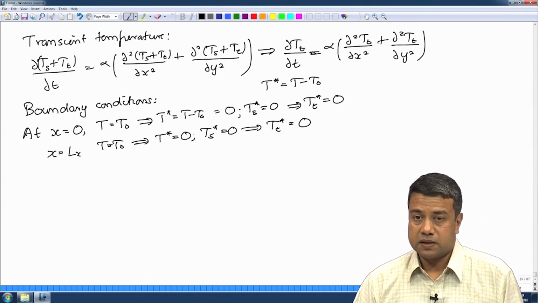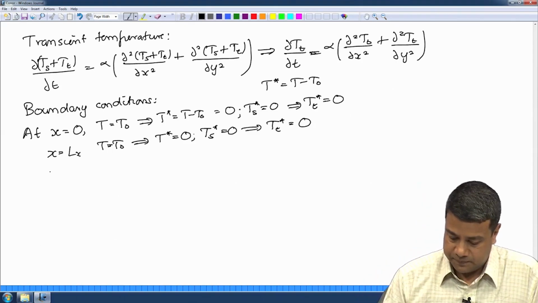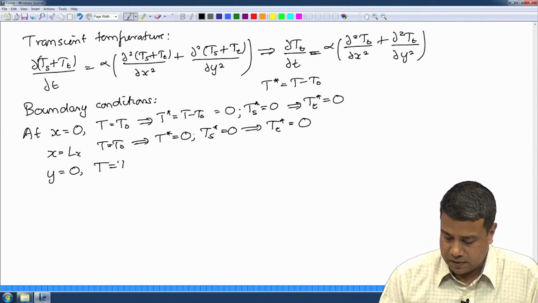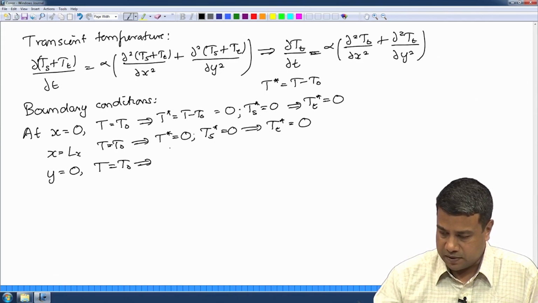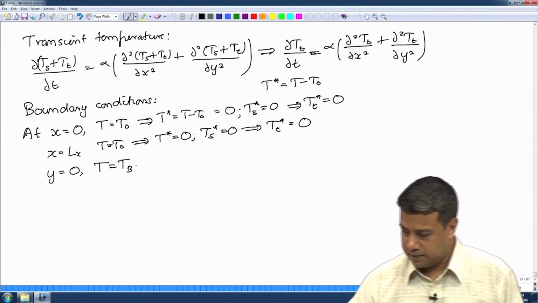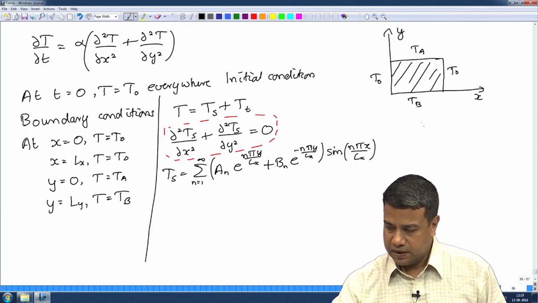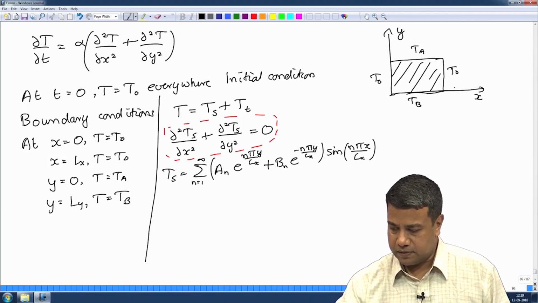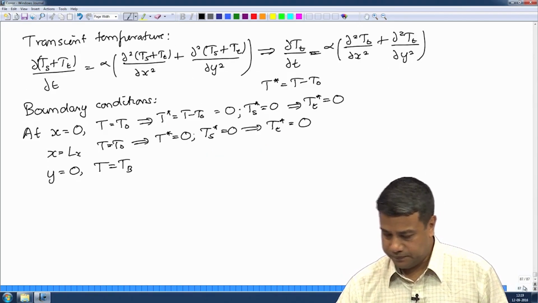What are the boundary conditions in the y direction? At y is equal to 0, T is equal to Tb.